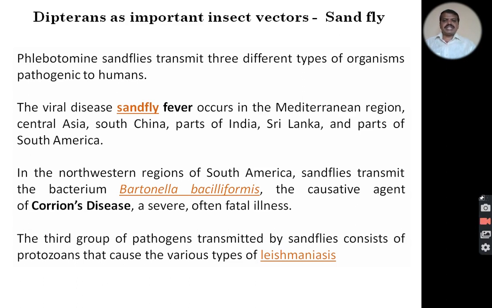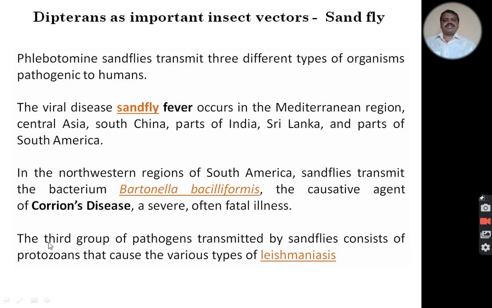In the northwestern regions of South America, sandflies transmit the bacterium Bartonella bacilliformis, the causative agent of Carrion's disease. It is a severe, often fatal illness. If it is not detected and treated early, the individuals will die.